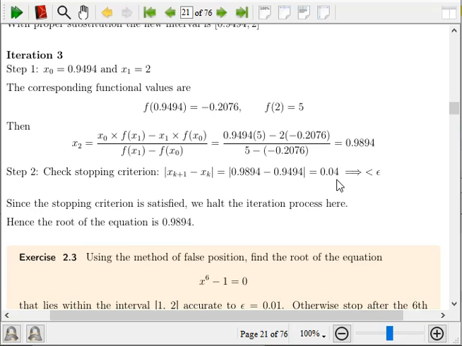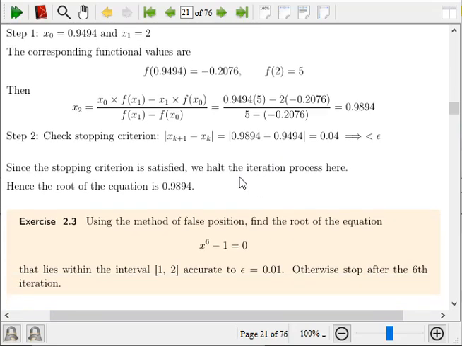Based on this condition, we can halt the process here, because the stopping criterion is satisfied. So we are taking the final x2 value as the root of the given problem.